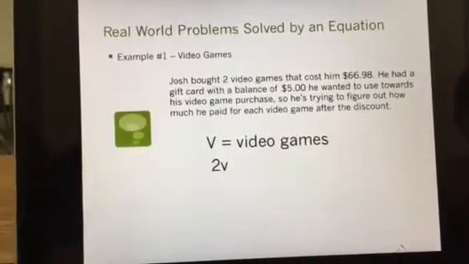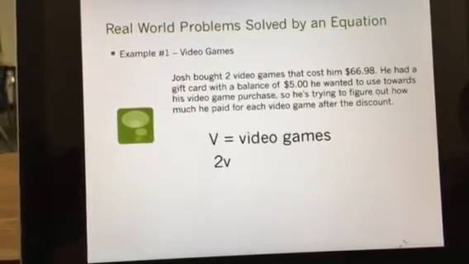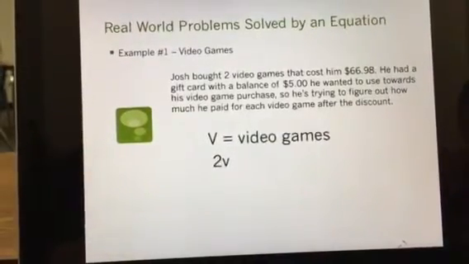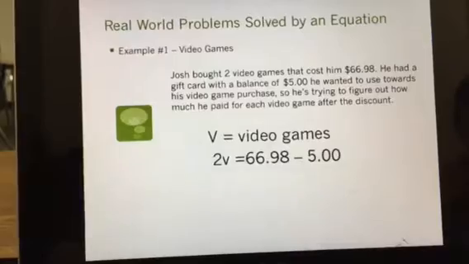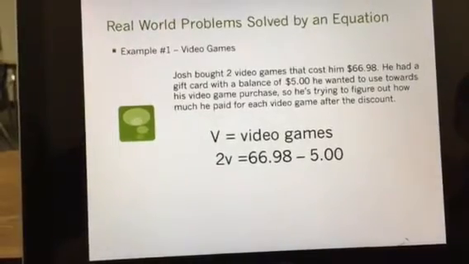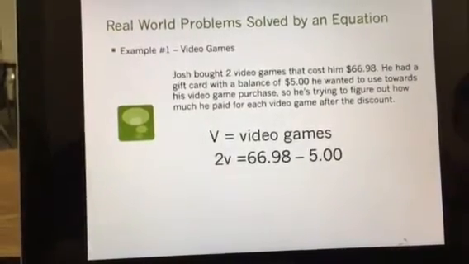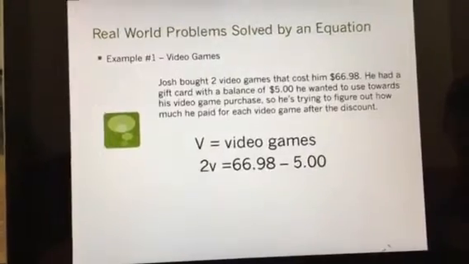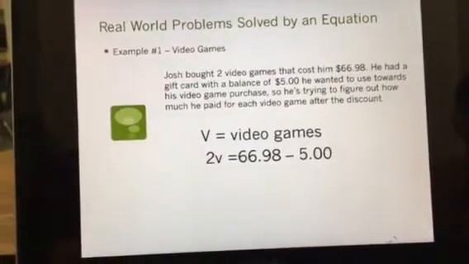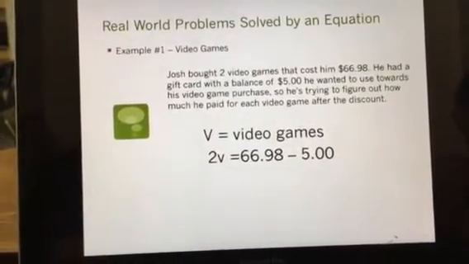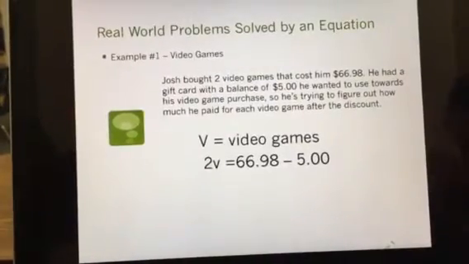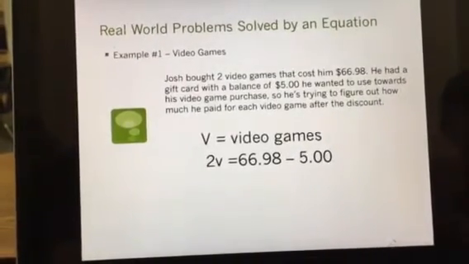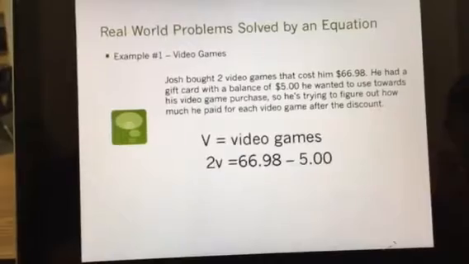Then, on the right side of the equation, I'm going to put the total amount for the video games, which was $66.98, and we're going to subtract $5 from that side in order to account for the discount from the gift card. So our equation will be 2V equals 66.98 minus 5.00.